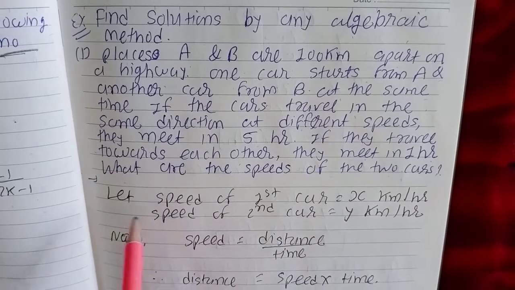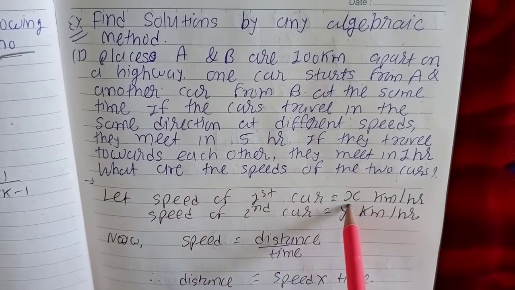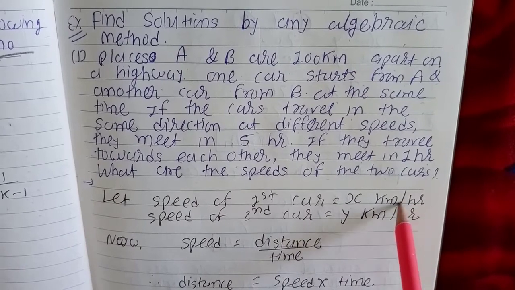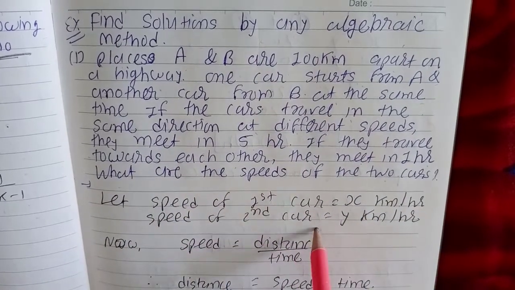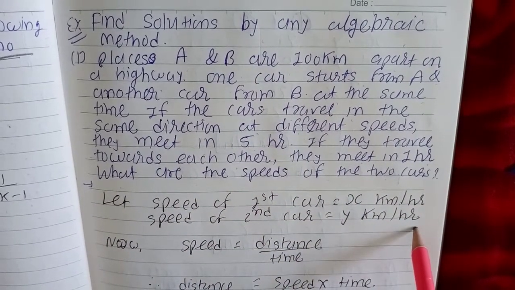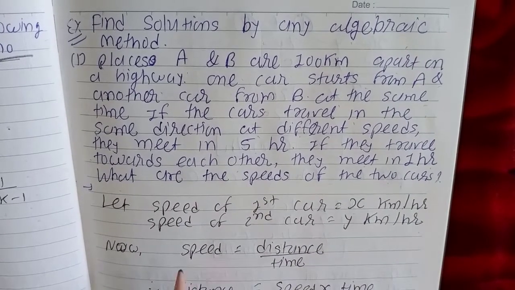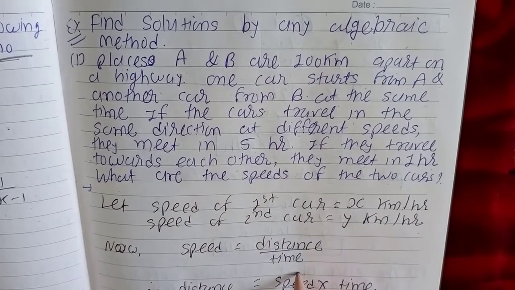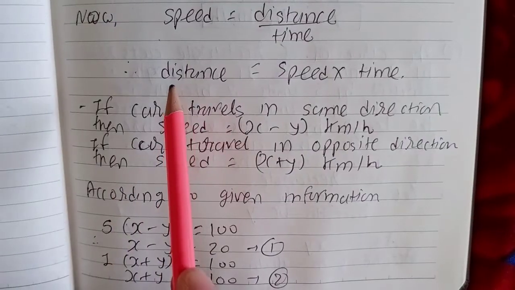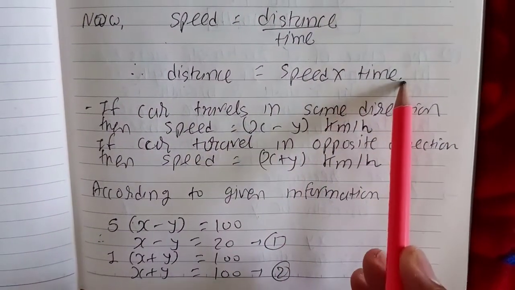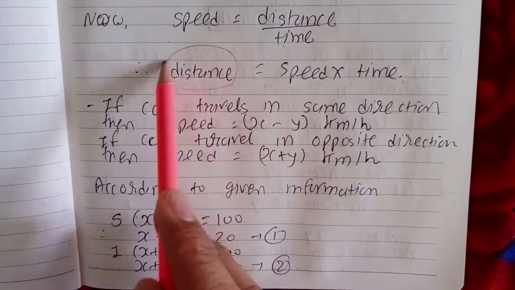Let the speed of the first car be x kilometer per hour and the speed of the second car be y kilometer per hour. The general equation is speed is equal to distance upon time, so distance is equal to speed into time. Here the distance is common.